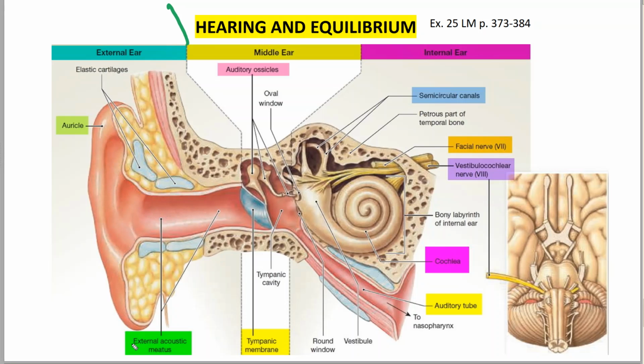Another name for that is external acoustic meatus. You could use both names, either name, and I would mark it correct. So sound waves are coming in from out here, getting amplified and directed into our external auditory canal, where they're then going to bounce against the tympanic membrane, or your eardrum, and make it vibrate.